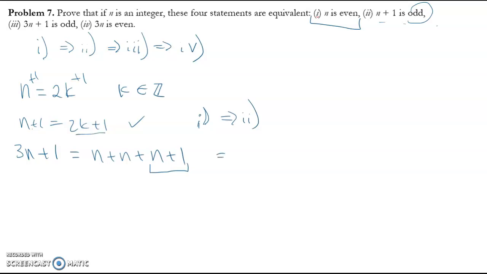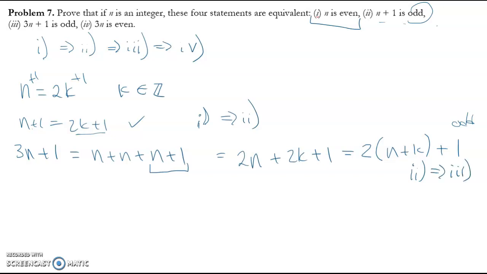So let me plug that in. So we have 2n plus 2k plus 1. I'm going to take out the 2: 2 times (n plus k) plus 1. We know any number times 2 is going to result in an even number, and when we add 1 to any even number, that's going to result in an odd. So we have just shown that if the second statement is true, this implies that our third statement is also true.